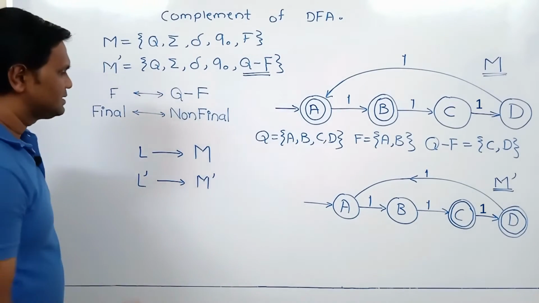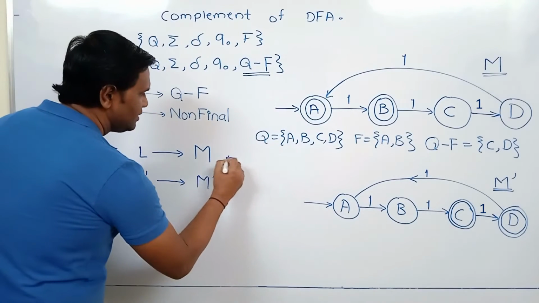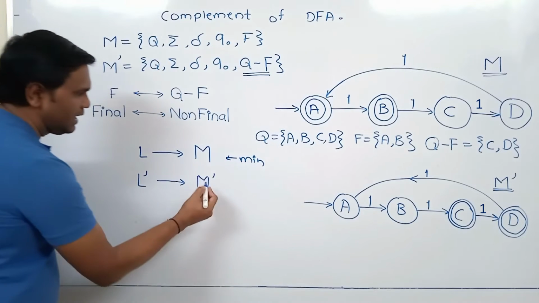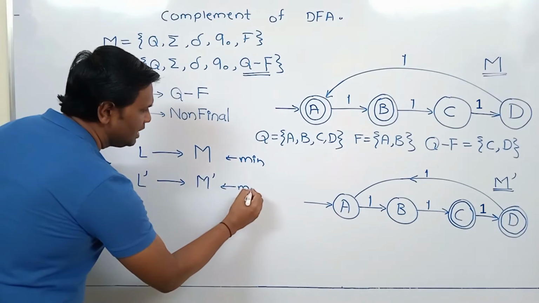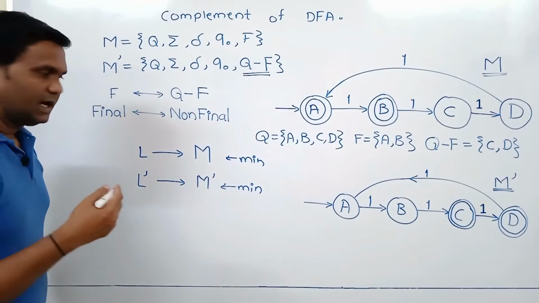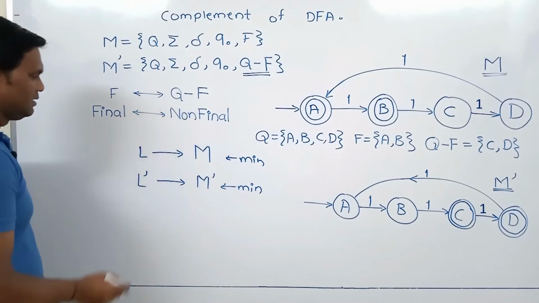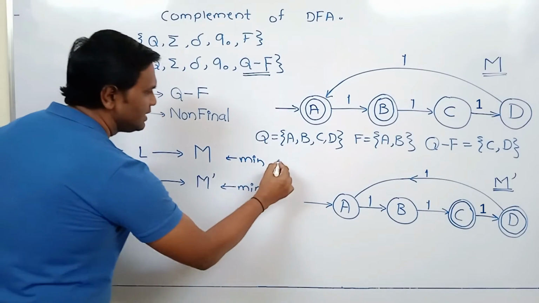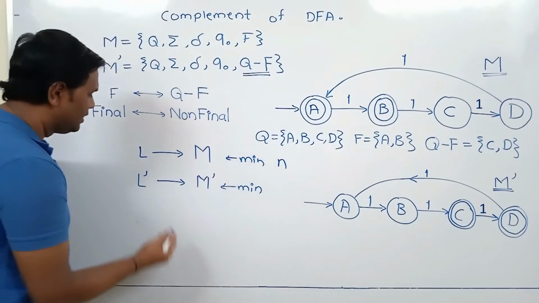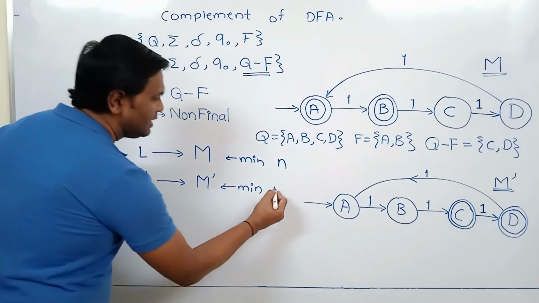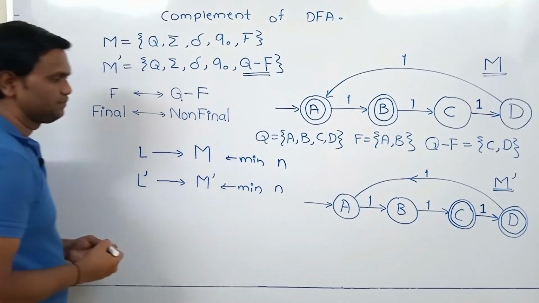On similar lines, if M is the minimal DFA for L, then M complement will be the minimal DFA for L complement. And again on similar lines, for language L, if the minimal DFA contains n number of states, then for language L complement also the minimal DFA will contain n number of states.